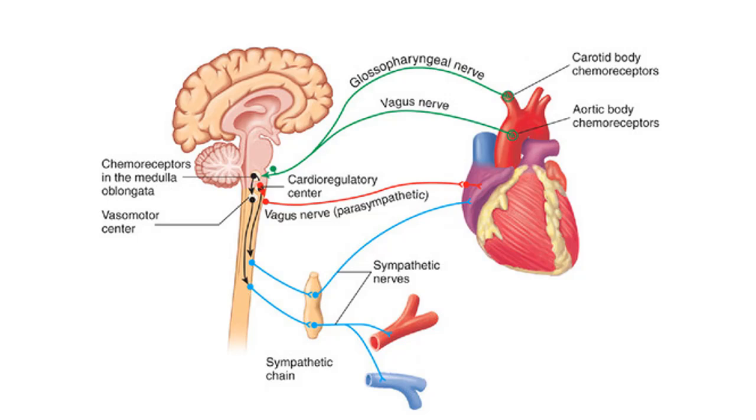Then the chemoreceptor area sends excitatory neurons to the vasomotor center to activate the sympathetic system, which increases heart rate and constricts vessels to increase blood pressure and increase the oxygen level and reduce CO2 and hydrogen levels.